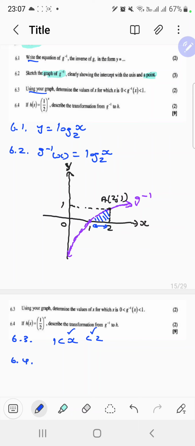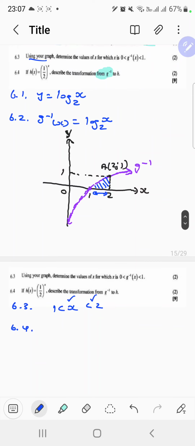So 6.4, now it says if h of x is equal to a half raised to the exponent x, describe the transformation. Now this transformation needs to track from the inverse of g. So remember, we are going to end up with something like that.